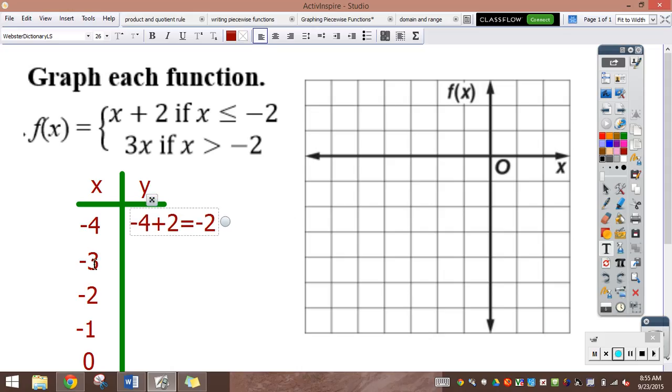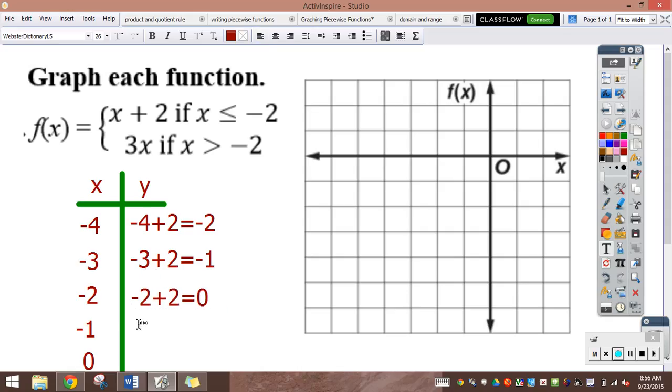Then negative 3 is less than negative 2, so I'm going to plug that into this top piece. That would be negative 3 plus 2, and that equals negative 1. Negative 2 is equal to negative 2, so I'm still using this top expression, negative 2 plus 2 equals 0.